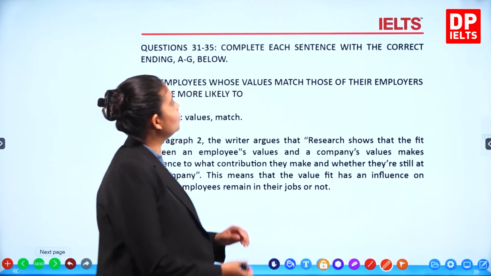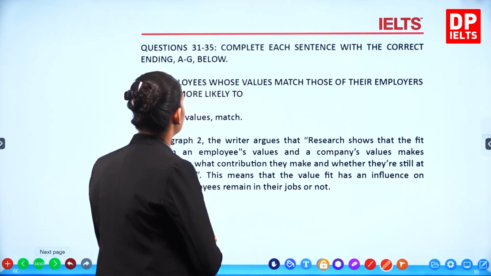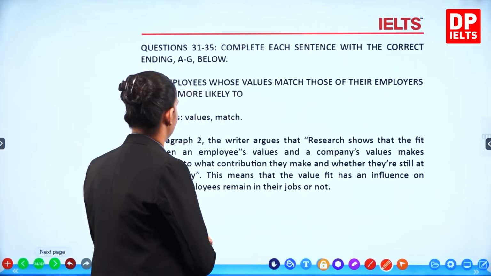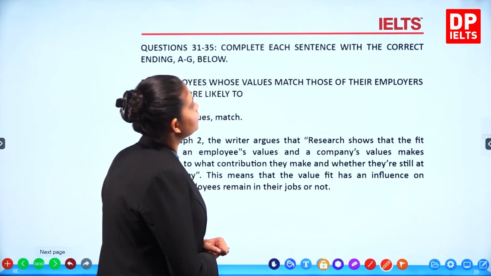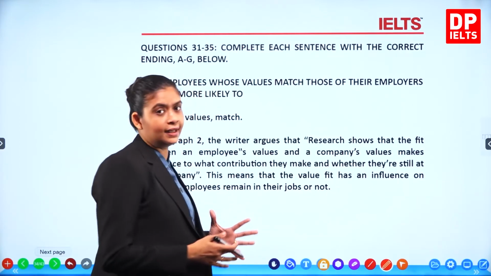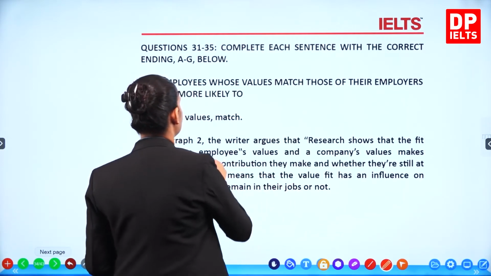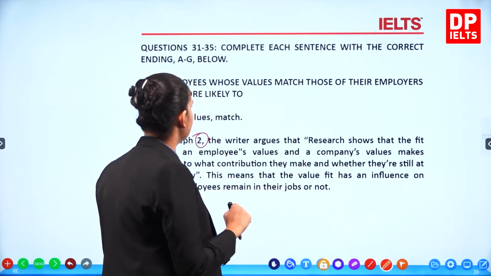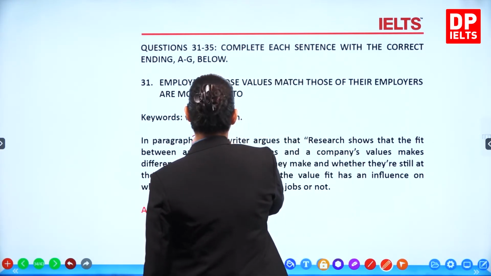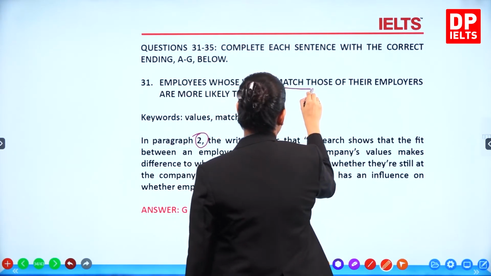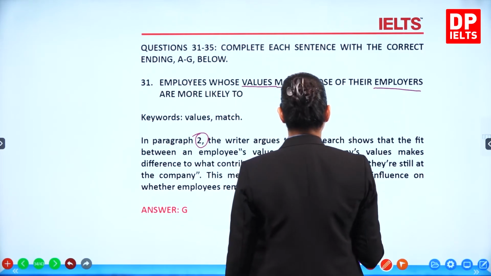Questions number 31 to 35. Complete each sentence with the correct ending A to G. Employees whose values match those of their employers are more likely to do what? Match the ending. Go to para 2. Now before that let's mark the keywords. Employees whose values match those of their employers are likely to do what?